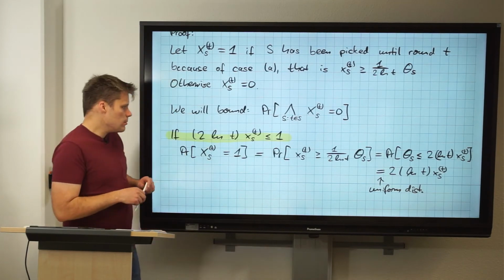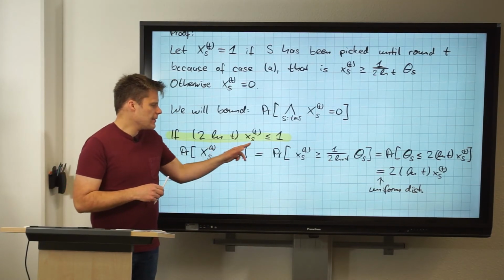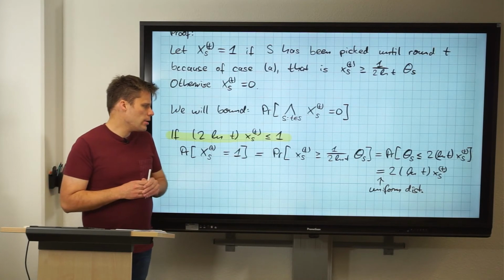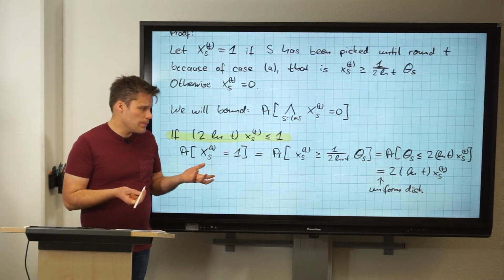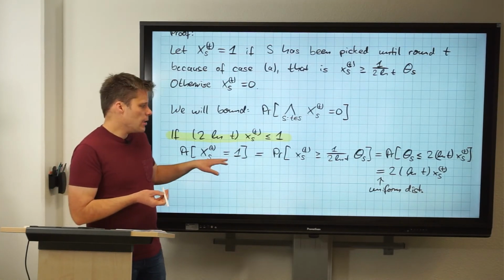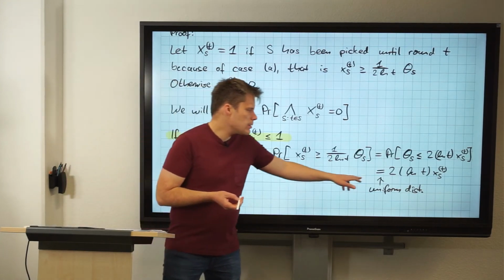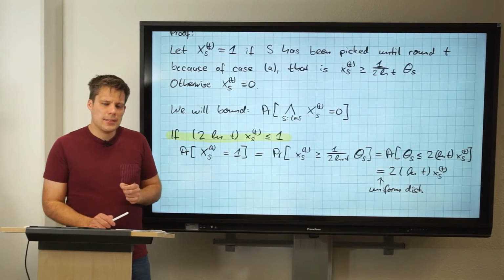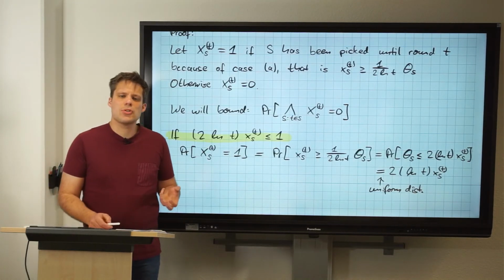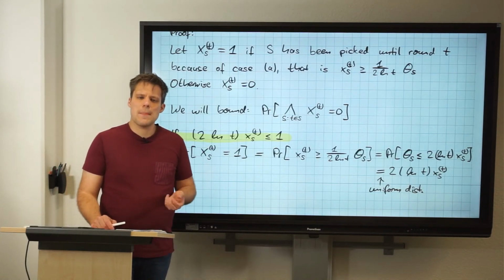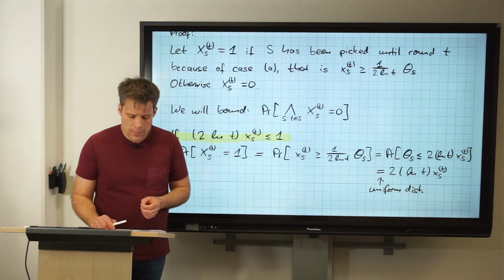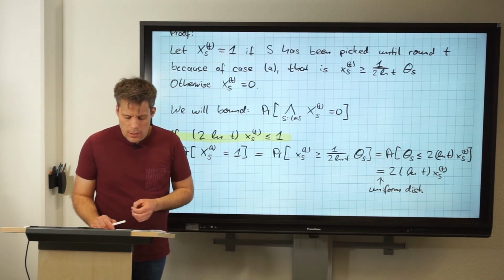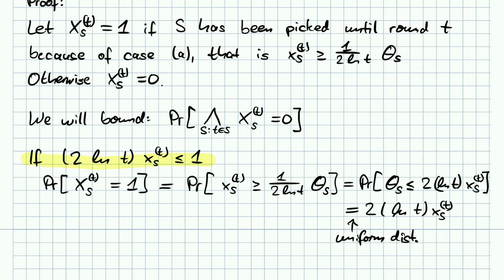So this is true if these x_{S,t} are small enough. If they're small enough, then we certainly can say that this is the probability that this set has been chosen due to step A so far. Now we will bound this as follows.